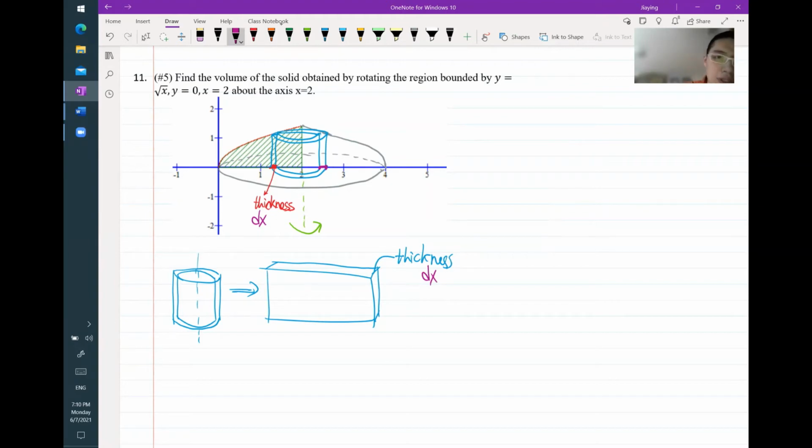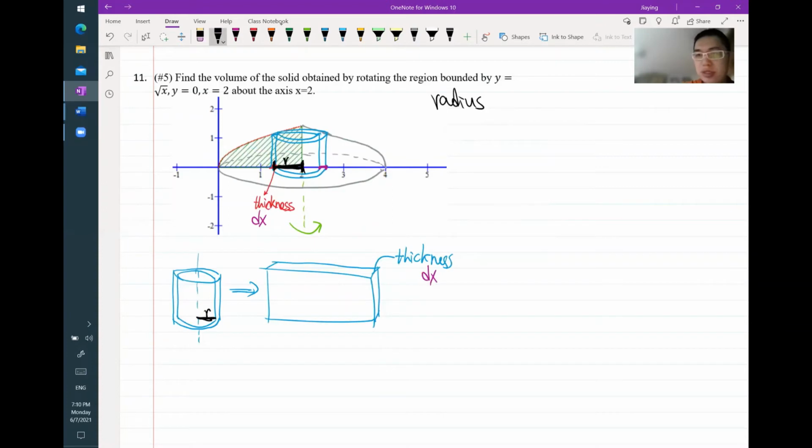Now the radius. In my drawing, I can use this part as the radius, but I don't like that. I'm going to use the one on the left. So I'm going to use this part to be the radius. How do we find out this radius?